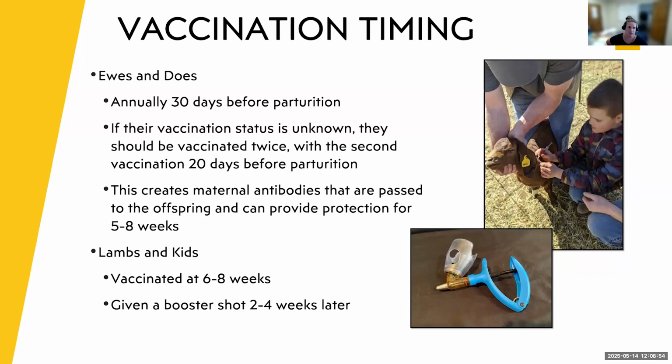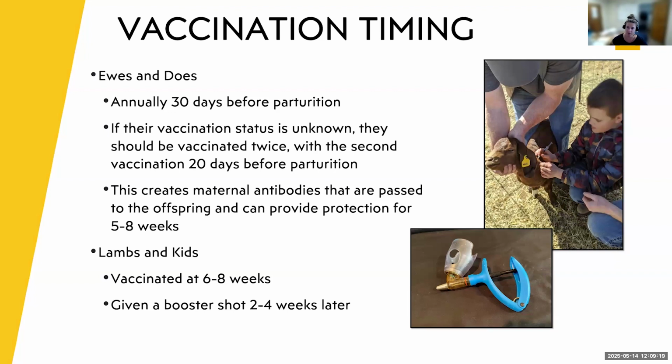So one of the big things with disease management is obviously vaccination. We should be vaccinating our ewes and does annually, 30 days before parturition. If you're bringing new animals into your farm and their vaccination status is unknown, they should also be vaccinated twice, with that second vaccination being about 20 days before parturition.